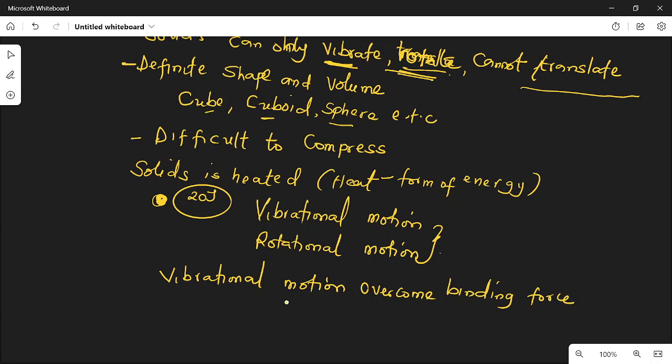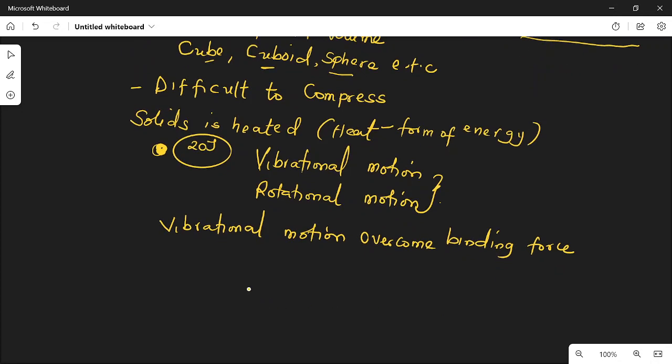And why is this so? The vibrational motion is overcoming the binding force because you are applying energy to the molecules of the solid. As it begins to vibrate vigorously, it will get to a time where the vibrational motion overcomes the binding force.